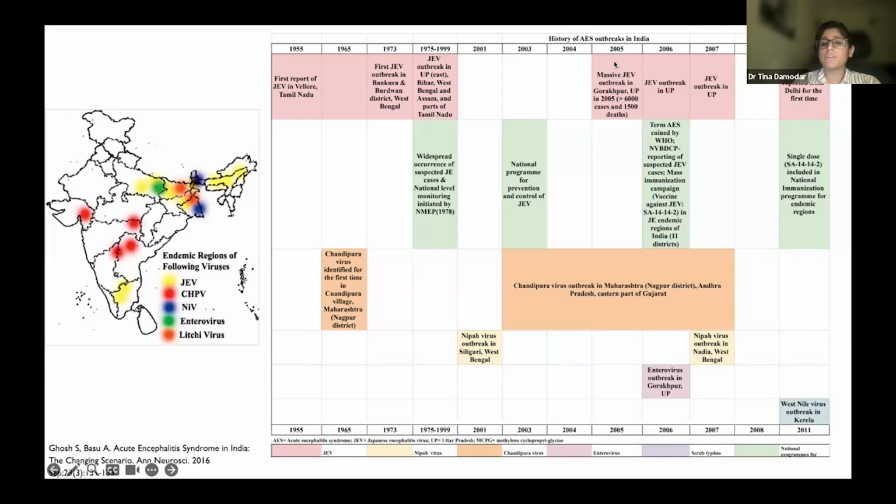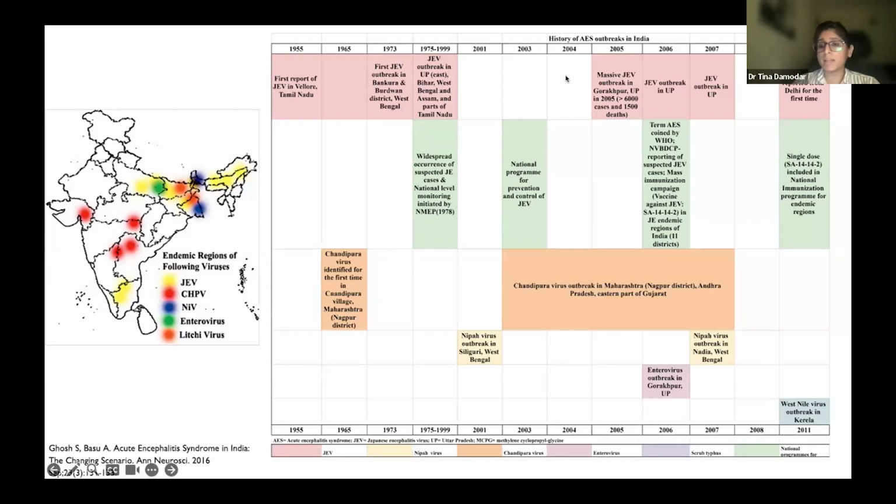So it was only after 2005 when we had a massive outbreak in Uttar Pradesh, where more than 6,000 cases of Japanese encephalitis were reported, and there were 1,500 deaths. After that, in 2006, the term AES was coined by WHO, and NVBDCP, the National Reporting Body in India, started reporting and doing a systematic syndromic surveillance of JEV cases.